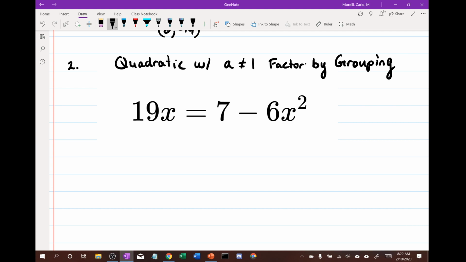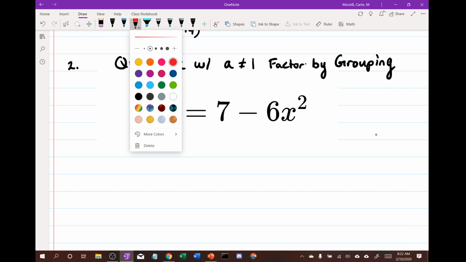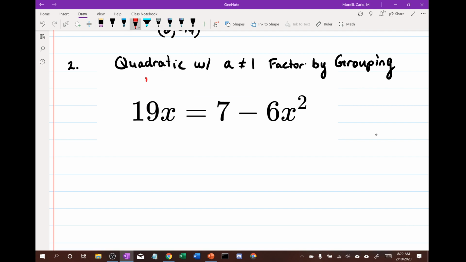Now we can't start this problem because it is not in our special snowflake standard form, ax squared plus bx plus c equals 0. So we need to manipulate the equation to get it into standard form. The first thing I'll do is add 6x squared to both sides.